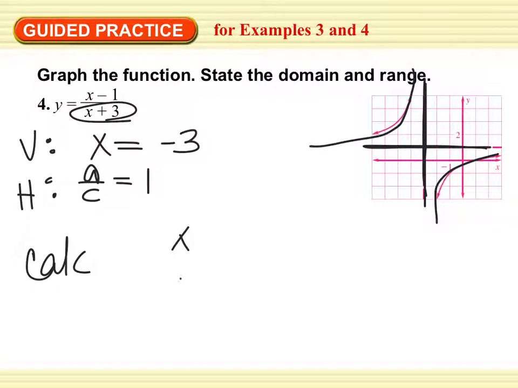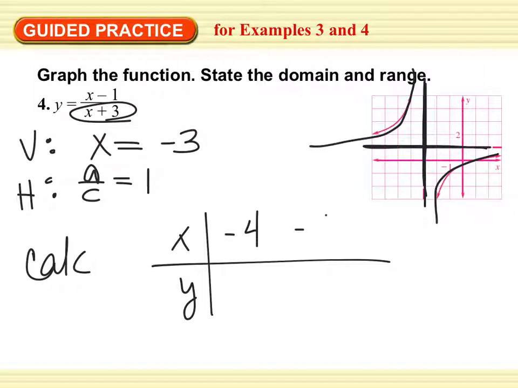You can also plot a few points left of the vertical asymptote, which would be -4, -5, and then to the right of the asymptote, -1 and 0.